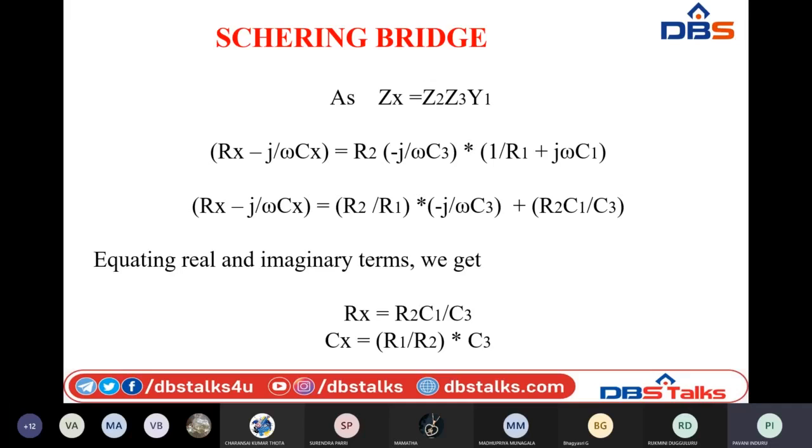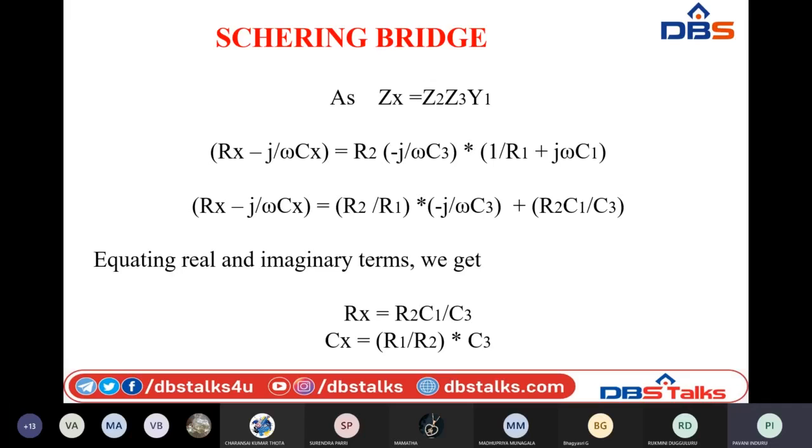At the left hand side we have the real part Rx and at the right hand side we have R2 C1 by C3. So if you compare real terms directly, we obtain the unknown resistance with the expression R2 C1 by C3. And here we have the imaginary part minus j. After comparison, j will get cancelled, omega will get cancelled, so Cx equals R1 by R2 into C3.